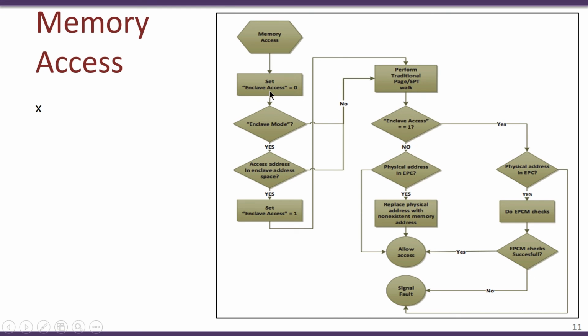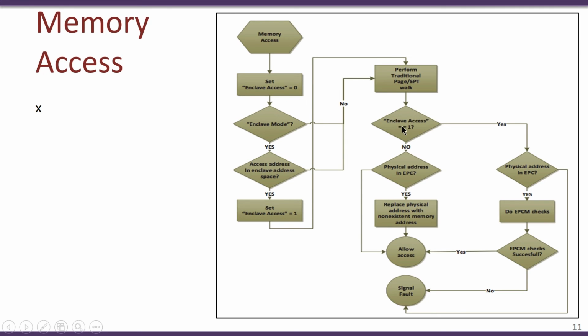We set the enclave access to 0. We check whether it is an enclave mode. In this case, it is no. So, we skip these steps and go to this place. Then we perform a traditional page walk using the page directories and page tables, and therefore, we will be able to convert the virtual address of that data to the corresponding physical address.